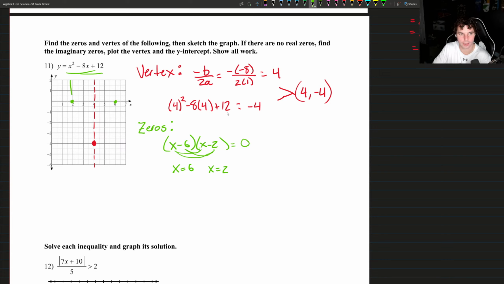We kind of connect the dots. And then really we're done. So you find zeros by factoring or using the quadratic formula. And then you find the vertex by doing negative b over 2a and then plugging it back in. Okay, this is like 2 tests ago.